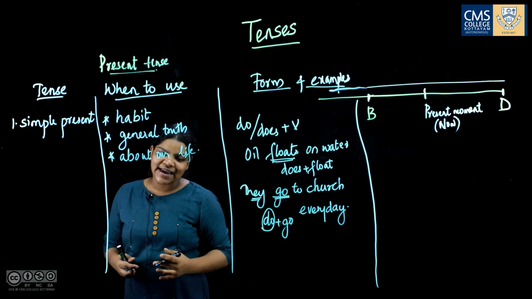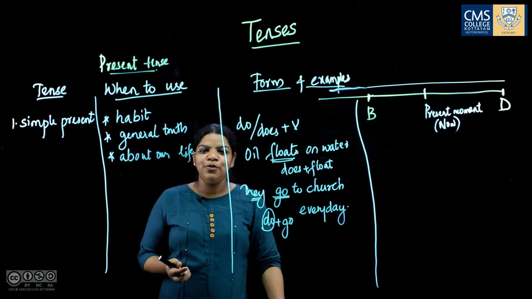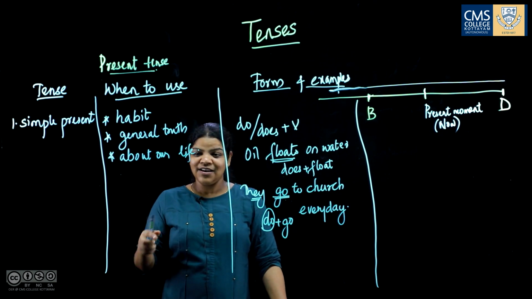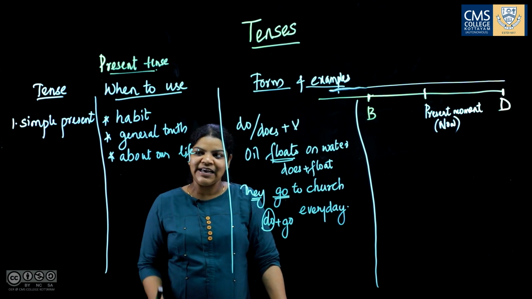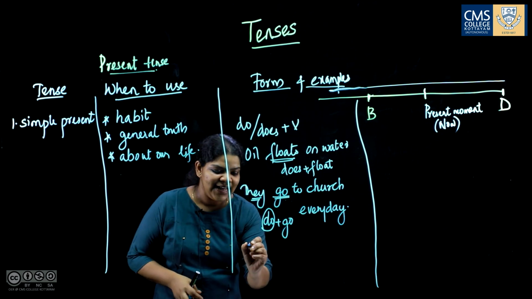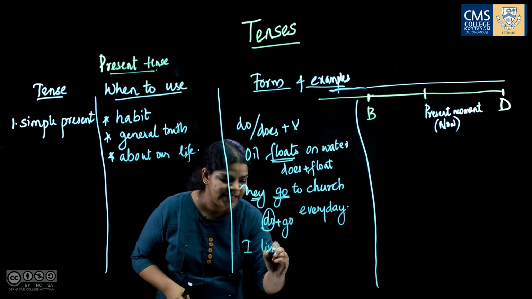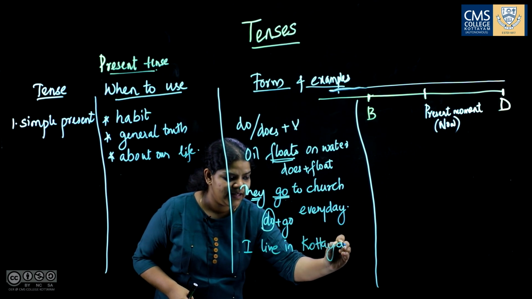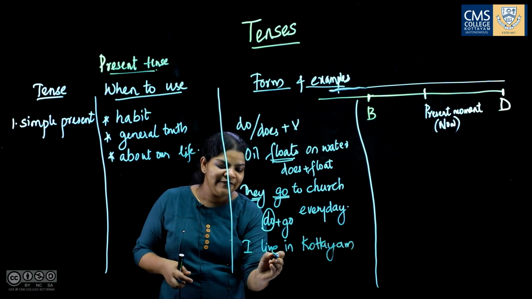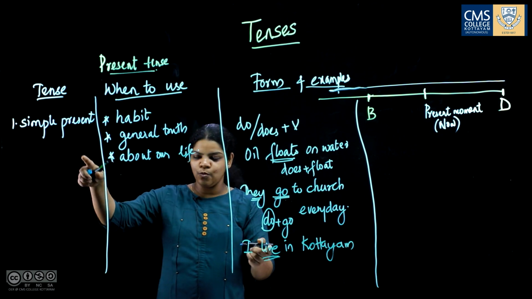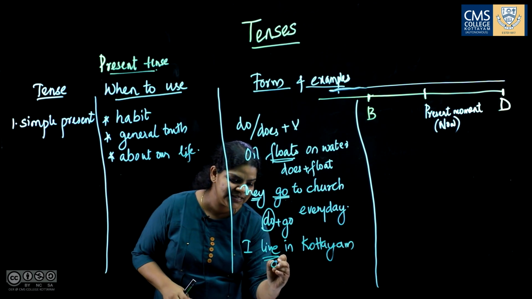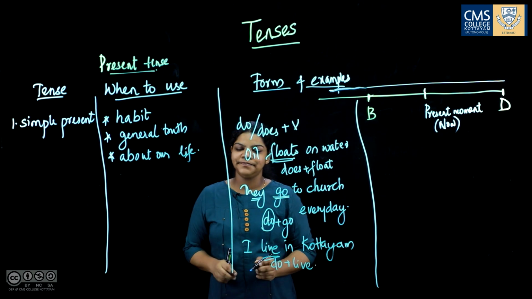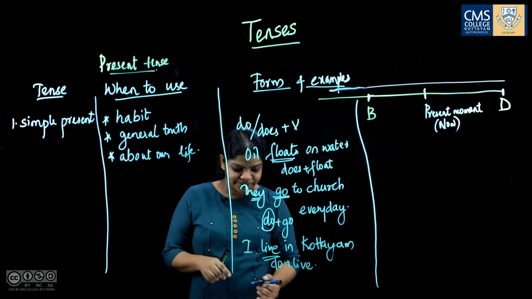That is when you want to say where you come from, or where you study, or where you work, you can use simple present tense. So you can say, I live in Kottayam. Now live is a verb in simple present tense because it's a combination of do plus live. I hope that is clear.